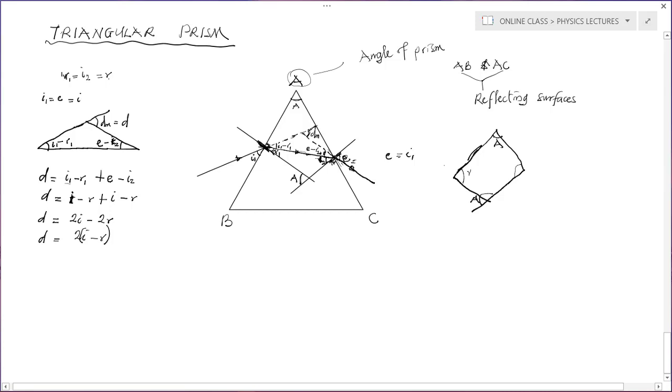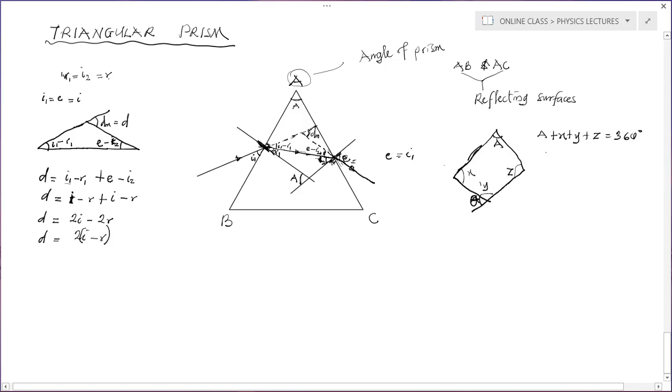Let's say here is X, Y, Z. Let's say here is theta. A plus X plus Y plus Z is equal to 360 degrees. Right? Yes.